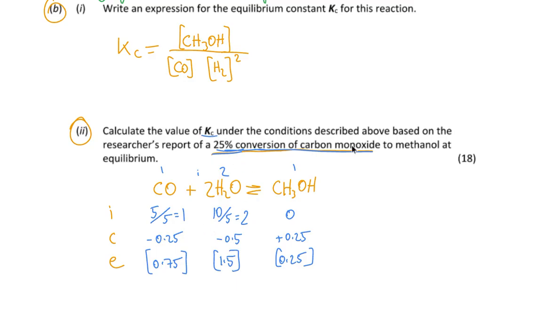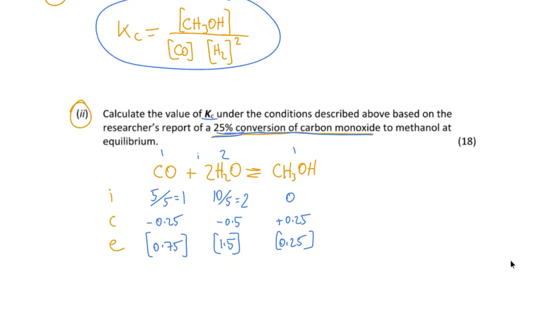And now we've got to calculate Kc. We've already got the Kc expression up there, so now we just put in our values. Kc equals products, so that's 0.25. Are there any coefficients there? Nope. Down below we've got carbon monoxide, and that's 0.75. No coefficient, and then 1.5 for hydrogen. Sorry, I've been saying water.